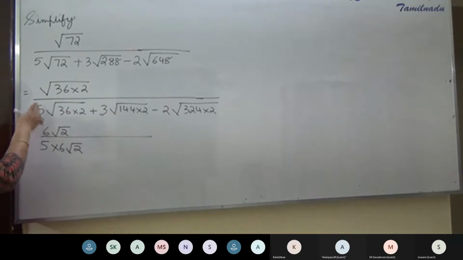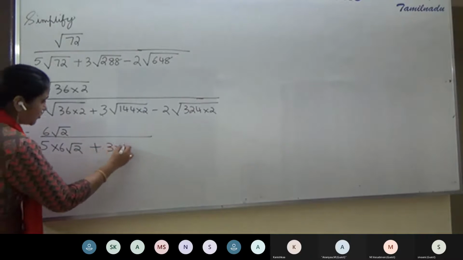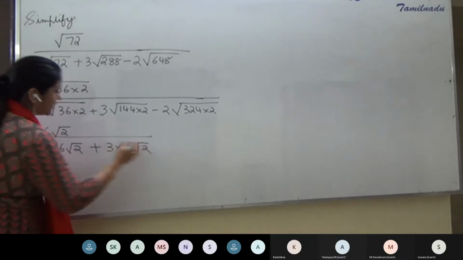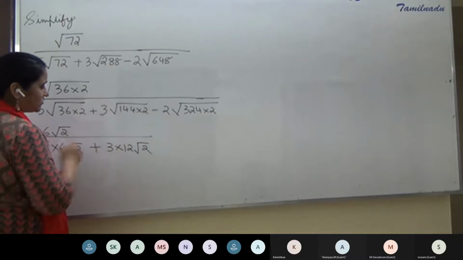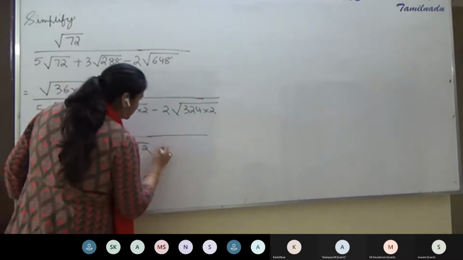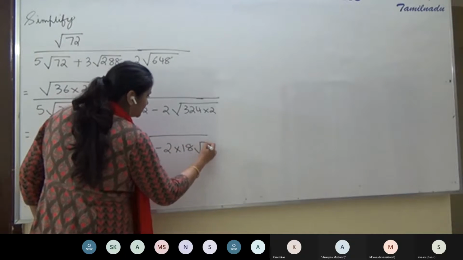But there's already a 5 here. So 5 into 6 root 2 plus 3 into 12 root 2, because the square root of 144 is 12, minus 2 into 18 root 2.